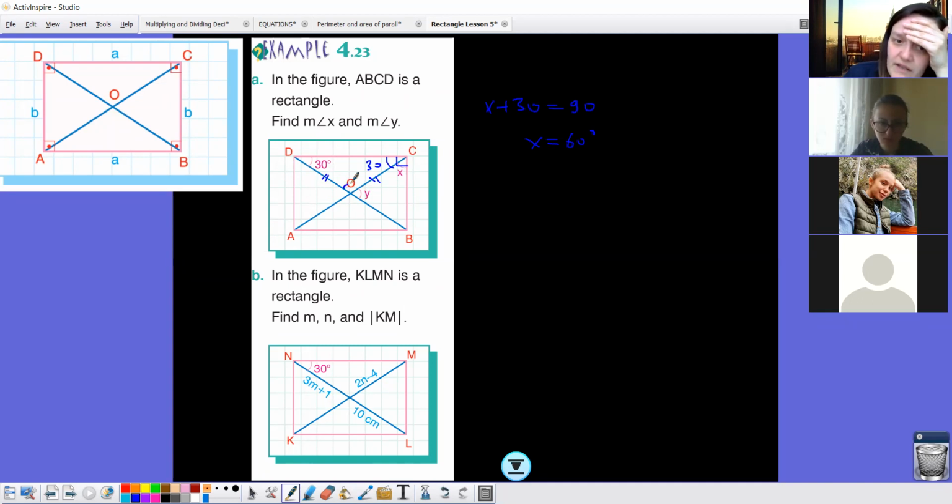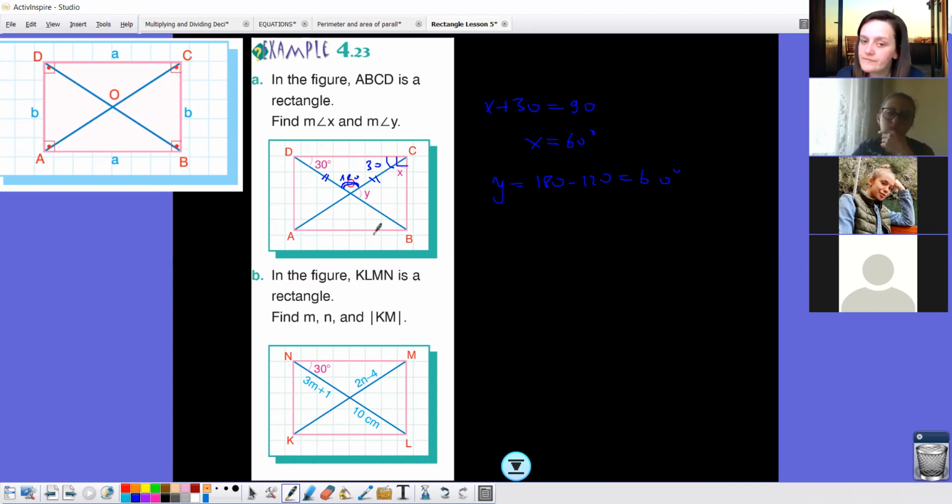So what will be this angle here? It will be 180 minus 60, which is 120. So y will be 180 minus 120, which is 60. Yes, also this one is 60.